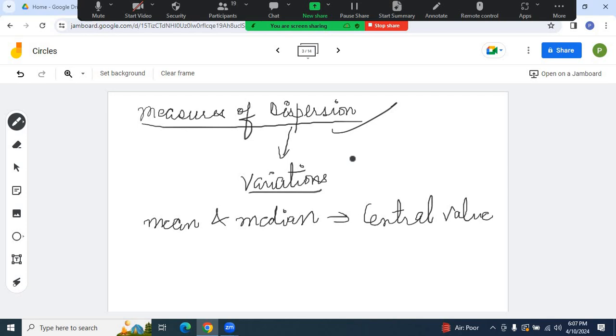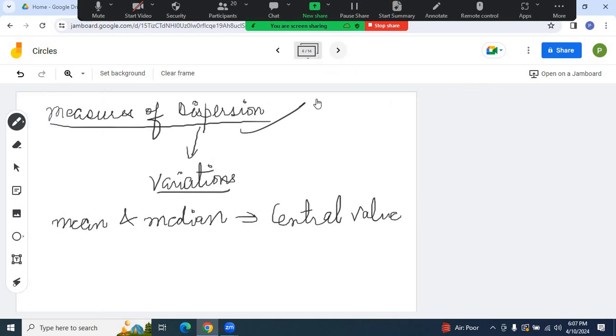So how do we judge how much the variation is from the central value, from the mean? For that, an improved version is made, that is measures of dispersion.